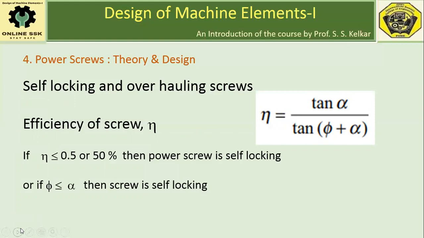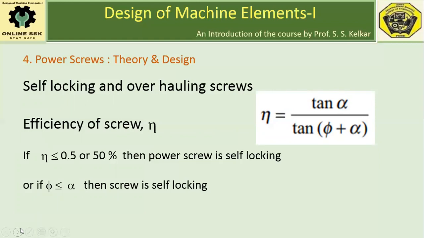If this efficiency of the screw is less than 50% or less than 0.5, then we can definitely say that our screw application is of self-locking nature. If efficiency is more than 50%, then our screw application turns into an overhauling screw application.